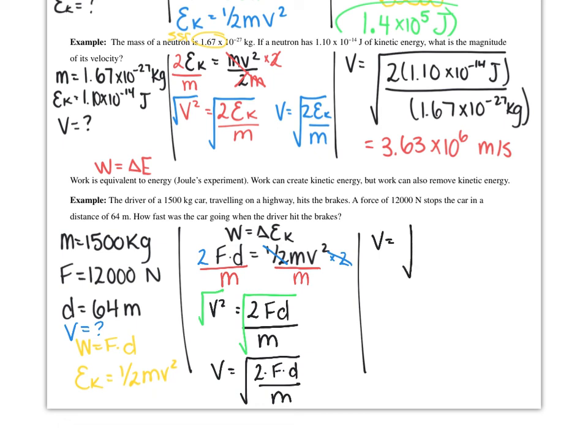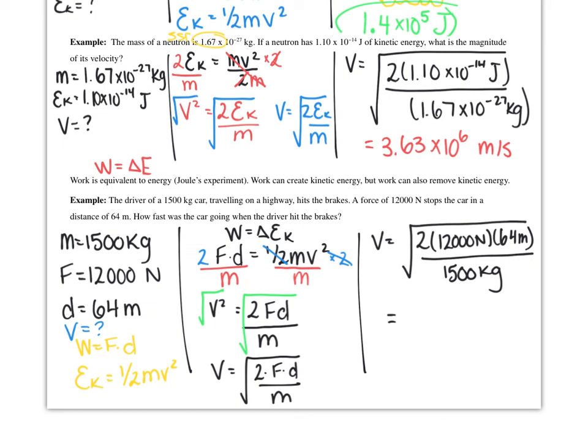So speed is equal to 2 times the force, 12,000 newtons, times 64 meters, divided by 1,500 kilograms.